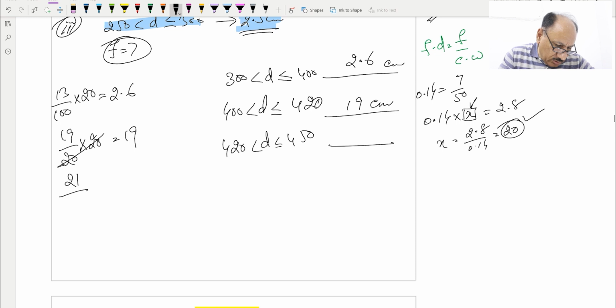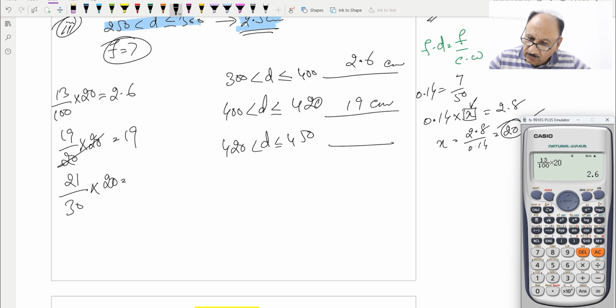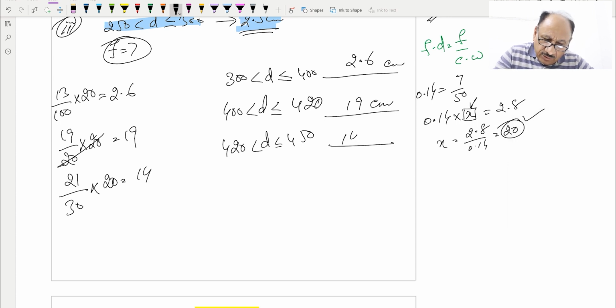Same calculation: 21 over the range, which is 30, multiplied by 20, okay, I'll rewrite. 21 over 30 multiplied by 20 gives us 14. So this will be 14 centimeters, and this is the 3 marks part which we have done.